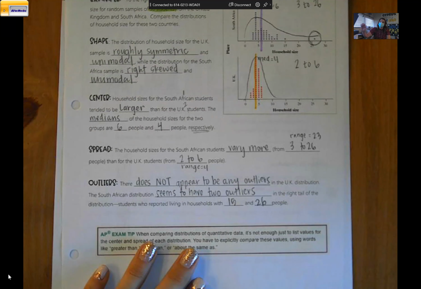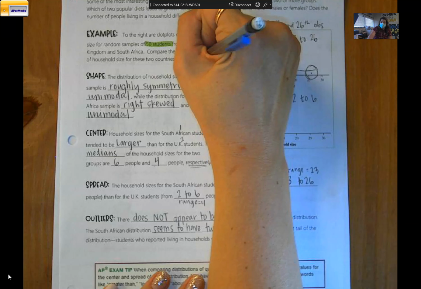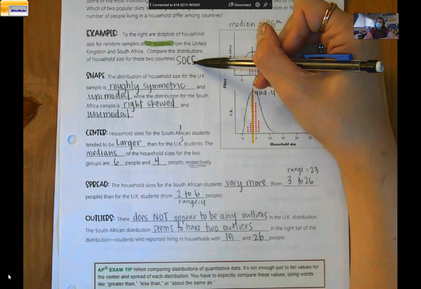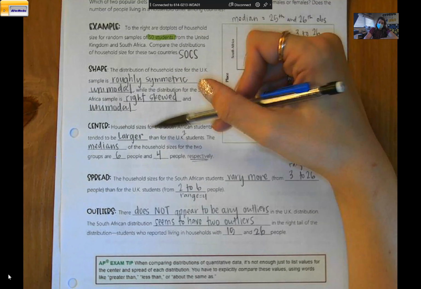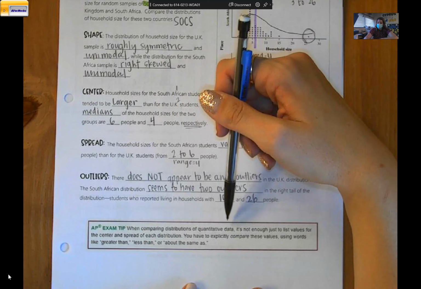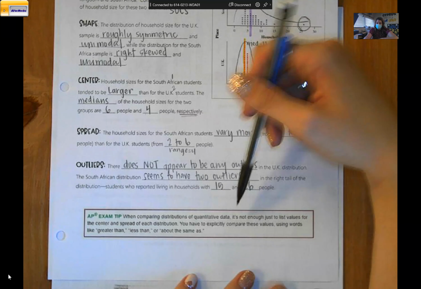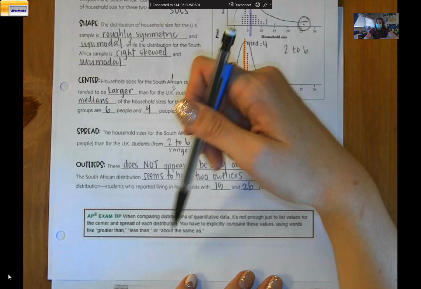So now if I zoom out, we can see that we have done SOCs to compare these. When it says compare, what they want you to use is SOCs. So we've gone through shape, center, spread, outliers. And the last thing on this page is telling you, when comparing 2 distributions of quantitative data, it is not enough to just list the values of the center and the spread.